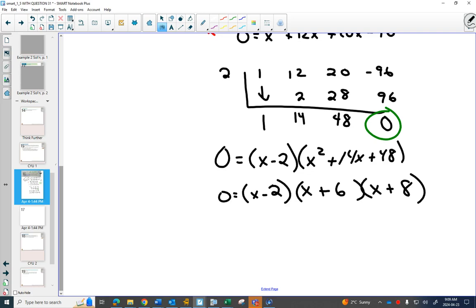So algebraically, there's 3 answers for x. X could be 2, which we guessed and checked and found out already, but x could also be -6 and -8.